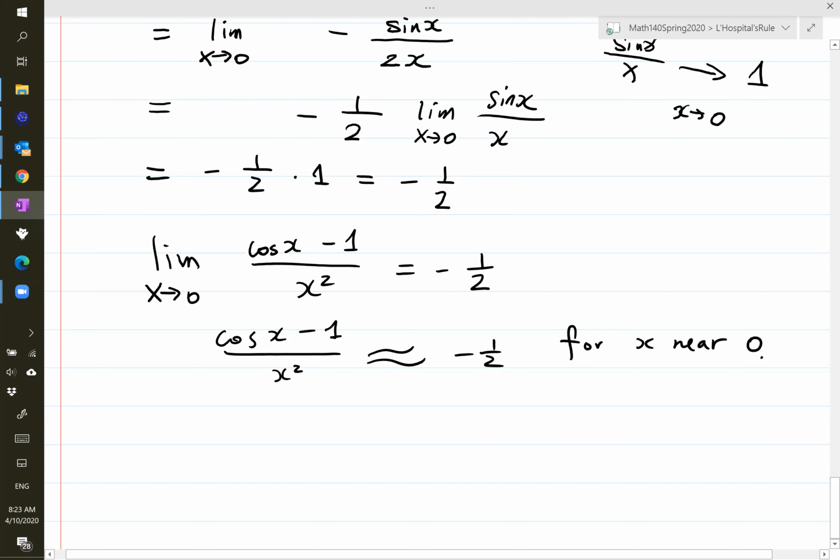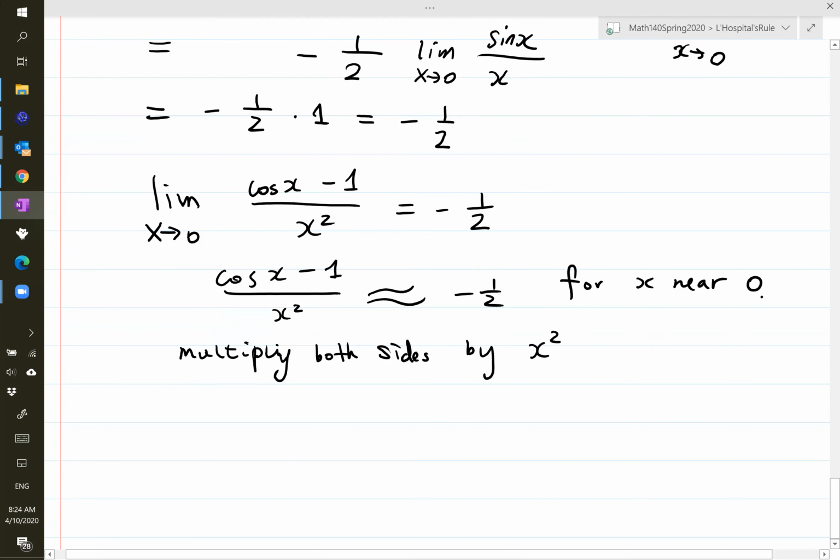That is, if you multiply both sides by x squared, then on the left side we get cosine x minus 1, and on the right side we get negative 1/2 x squared.